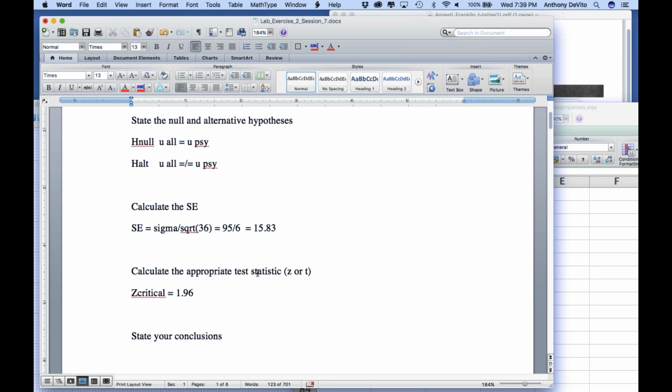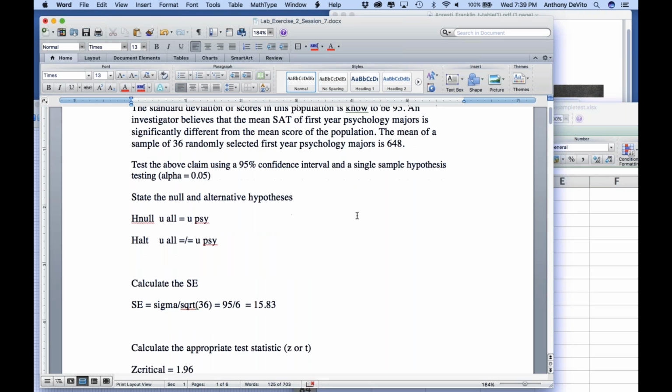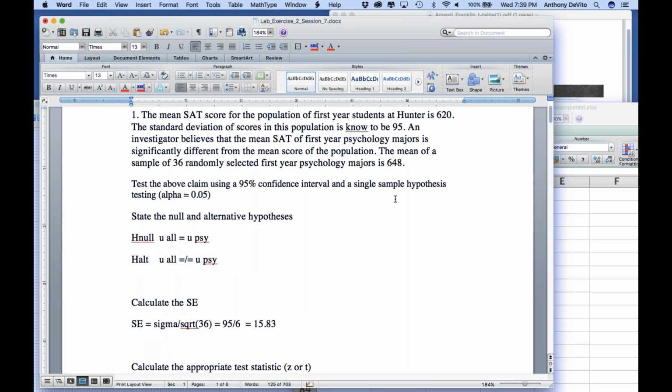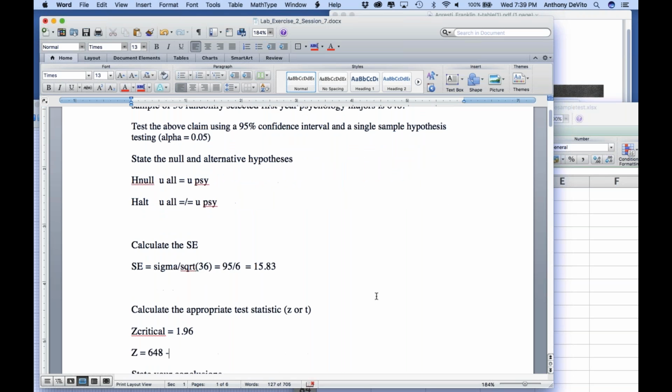So let's calculate Z. Z is equal to the, what was it, 648 minus the mean for all students, 620, divided by the standard error, which is 15.83.